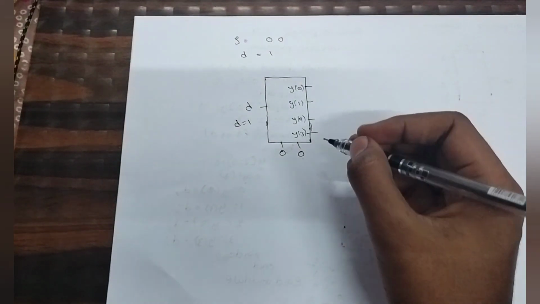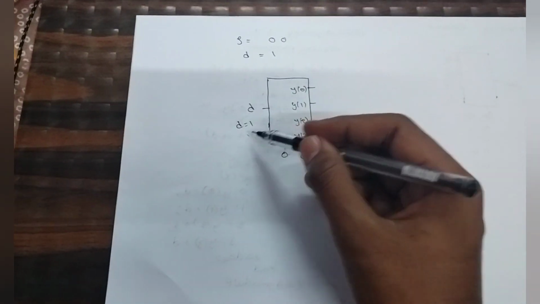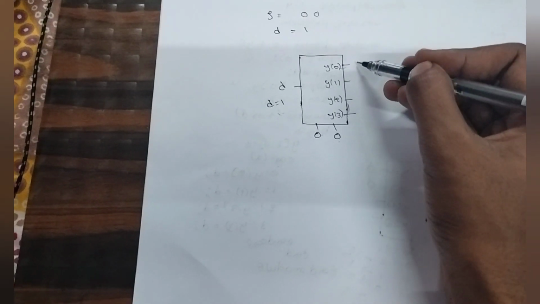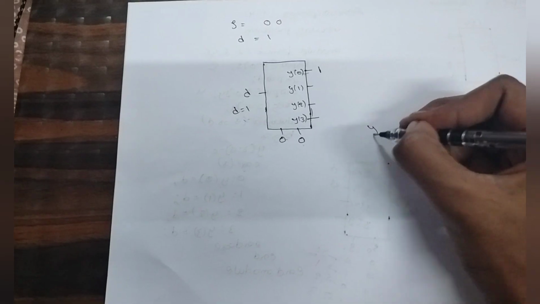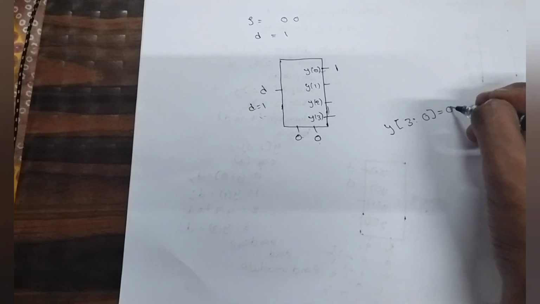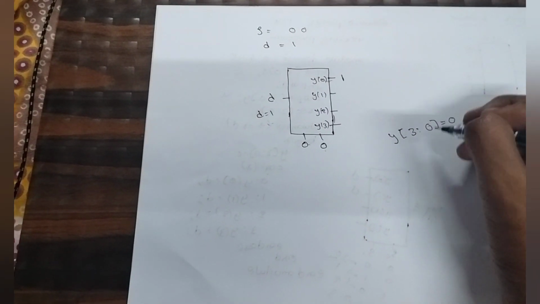If the select line is 0 0, then the input is going to be given to y[0]. So the 1 comes here. As we know, in the program we have taken y[3:0] equal to 0, so the remaining outputs will become 0.